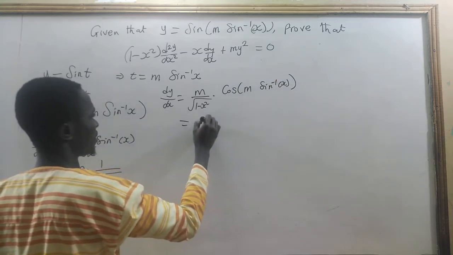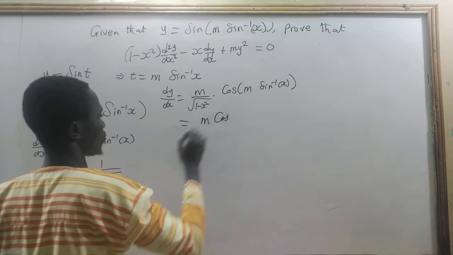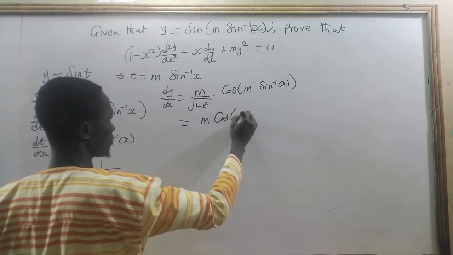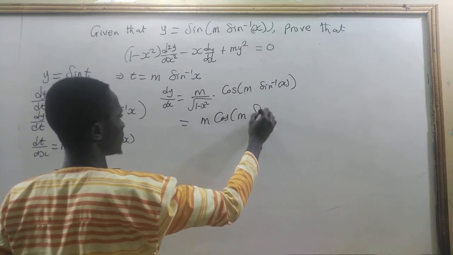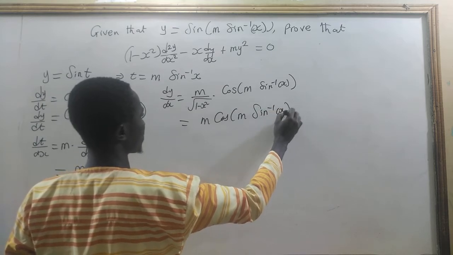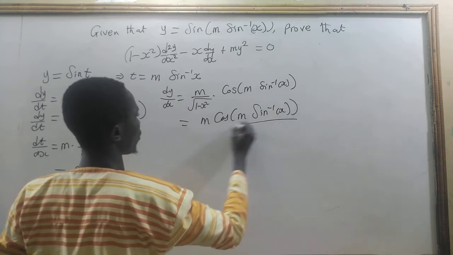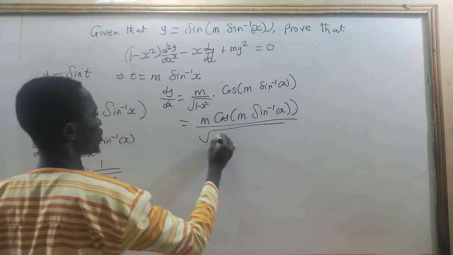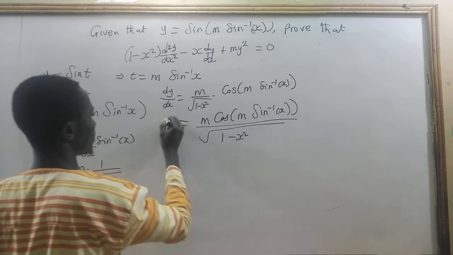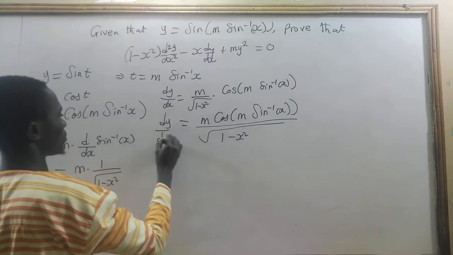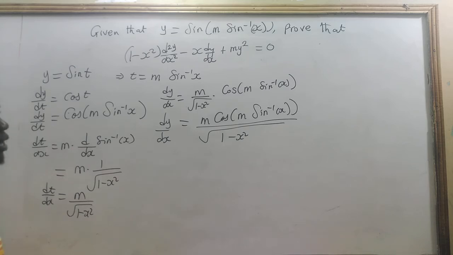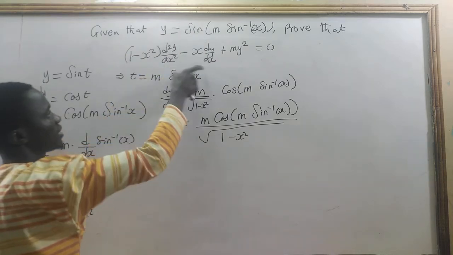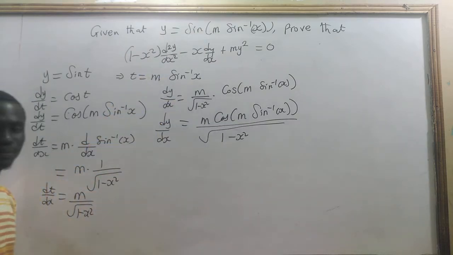That will give us m times cosine of m times the inverse sine of x, all divided by square root of 1 minus x squared, equal to dy on dx. Wow. Now, what are we supposed to do again? We have to prove that this is equal to that. So we've not reached anywhere.